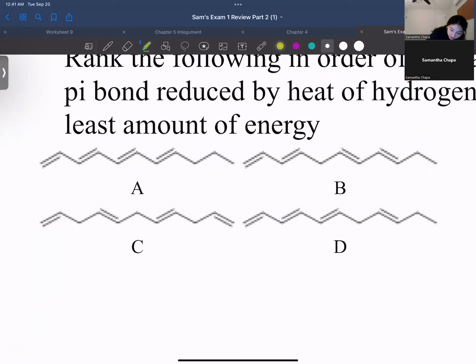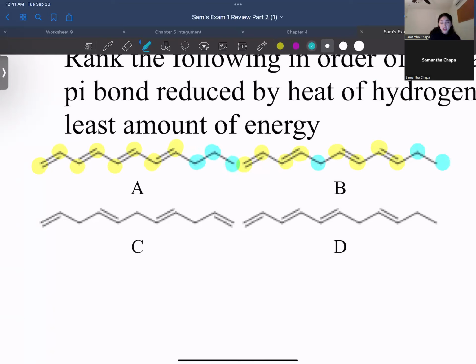So notice how we have 1, 2, 3, 4, 5, 6, 7, 8 consecutive sp2 atoms, whereas on this one we have 1, 2, 3, 4. So we still have conjugation, but not as much, not as stable as A, because we're skipping.